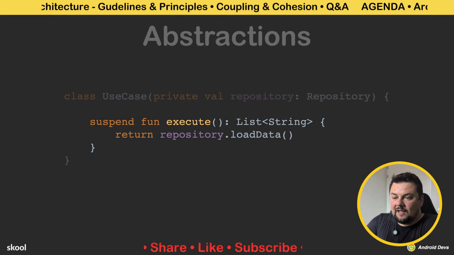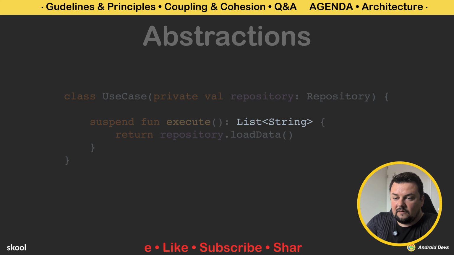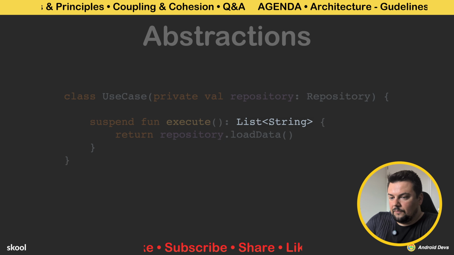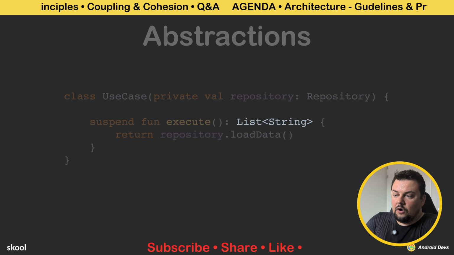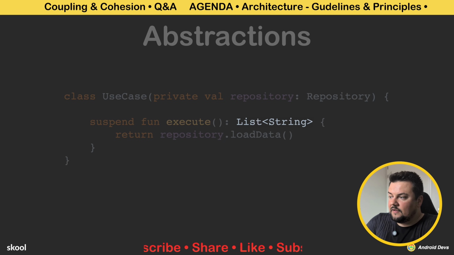And what happens here, it returns a list, the same as what the repository returns, and it just forwards the call. Now, maybe it would be better if there is a reason, if this type actually does something, in the form of maybe data transformation. It could be, or it could be something else that the system needs.